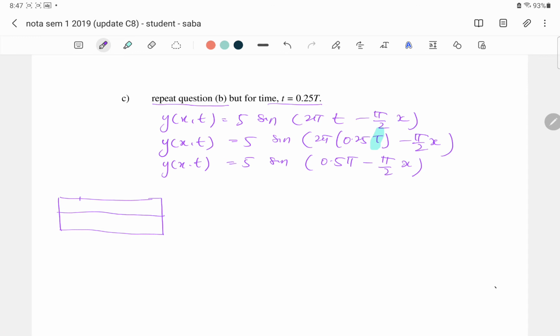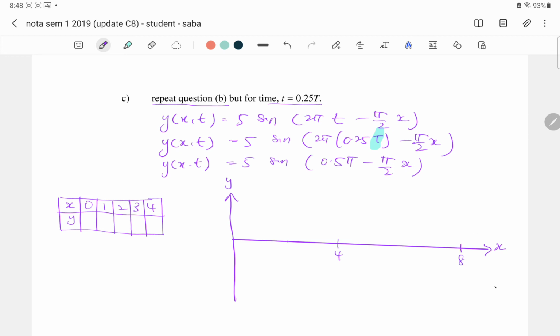Okay, buat table. So x, y, 0, 1, 2, 3, 4. So kita gantikan equation kita.